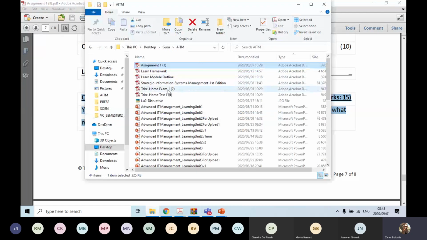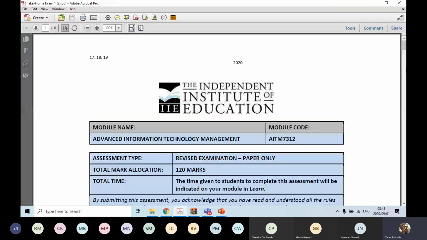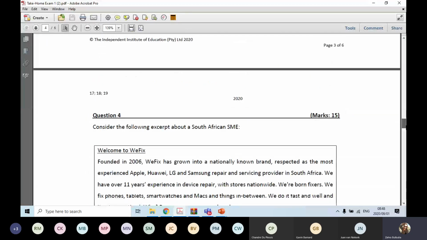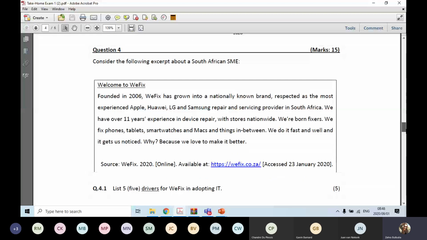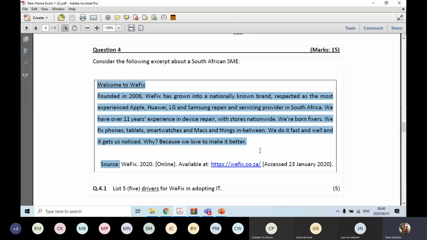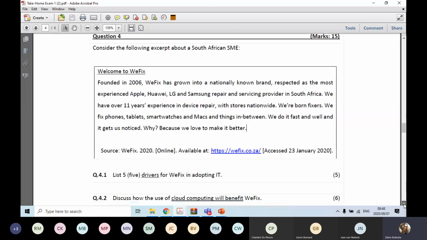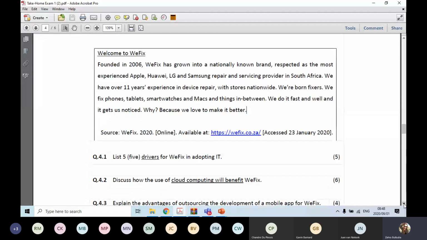So if we take a look at the take-home exam, consider the following excerpt about a South African SME. Oh, this is pretty much the class activity we're doing today. This could be exactly what you are working towards.